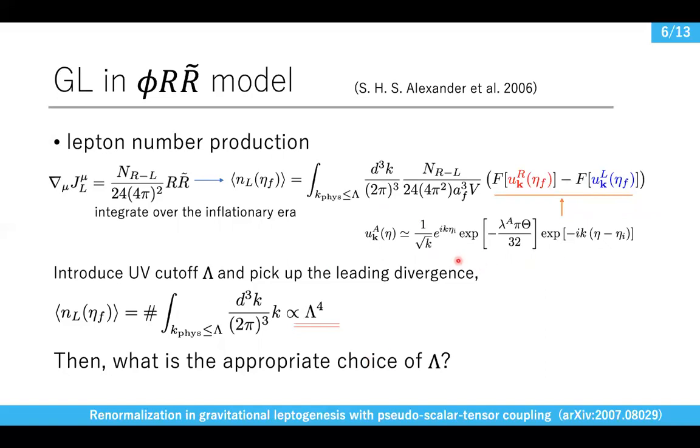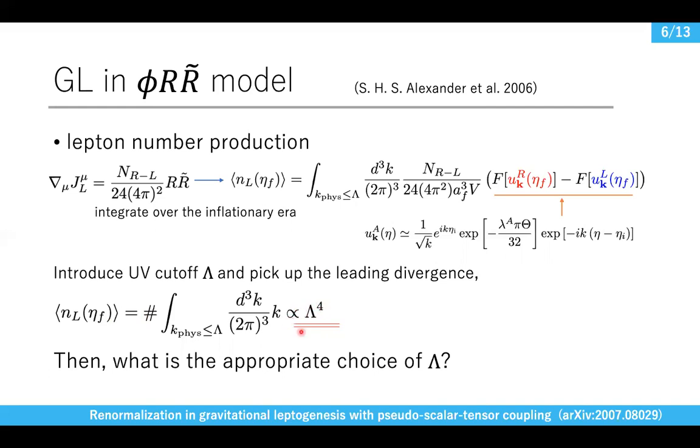By using this, we can evaluate the value of lepton number. However, this quantity is divergent. So we need to introduce a UV cutoff lambda, and picking the leading divergence, you will find that this lepton number density depends on lambda to the fourth.